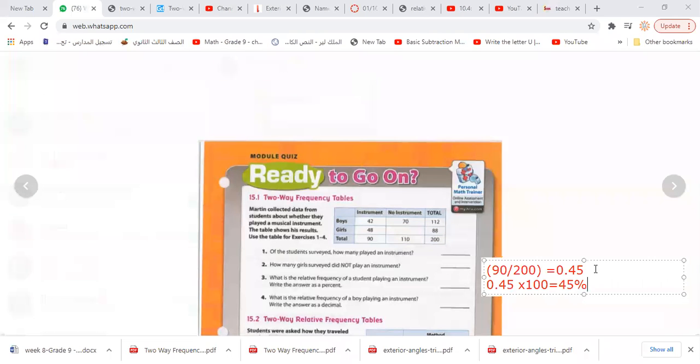So this was question number 3. Let's move to the next question. Okay, Luigi, go on. We will make 42 over 112 because he said that he needs the relative frequency of the boys.